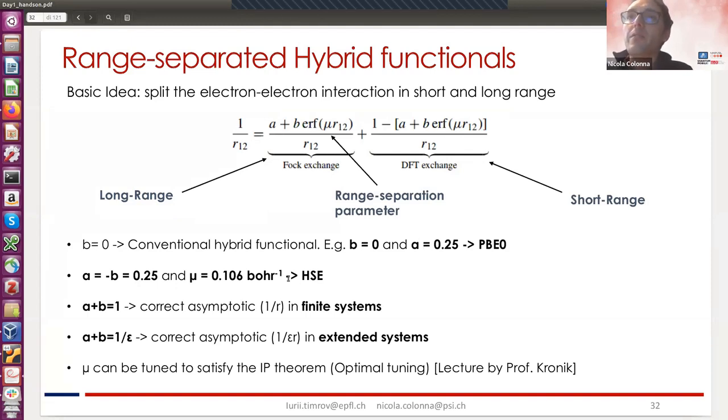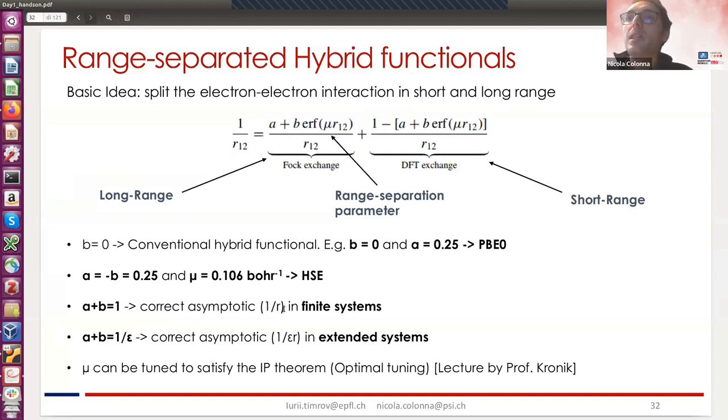It's a range-separated functional. In this case, the mu parameter again was fitted on thermochemistry on a set of experimental results. And in this case, a is equal to minus b, equal to 1/4. Again, this is from PBE0, but you have a range separation parameter. And now here is where you want to enforce exact constraints.